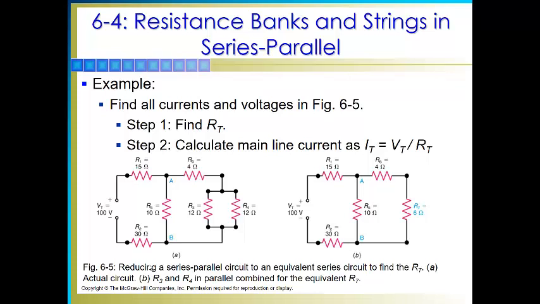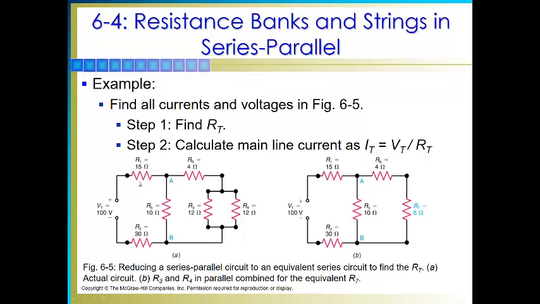And then we're going to calculate the main line current, so the total current. If we have those components, then we can just apply those values to the different components, and we can find the voltages and currents for different branches and different components in the circuit.